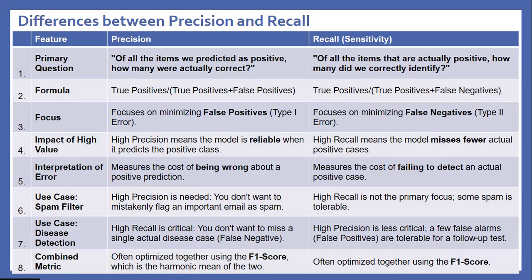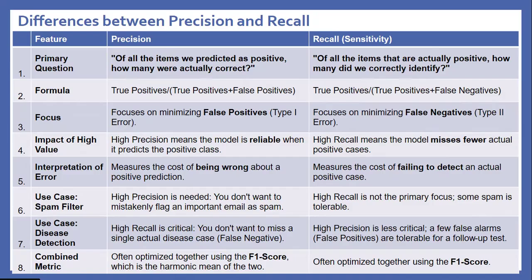Impact of high value: high precision means the model is reliable when it predicts the positive class. High recall means the model misses fewer actual positive cases. Interpretation of error: precision measures the cost of being wrong about a positive prediction.